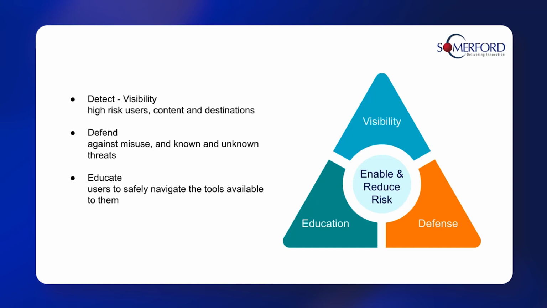So potentially high risk users, the content that they're sharing with the AI, and also the destinations that the information is going to. We need to defend ourselves against misuse and threats as well. And also education. User education is a big key in the whole Netskope ecosystem. Let's not just be known as a blocking tool, which Netskope isn't. It's a way of coaching and educating our users.